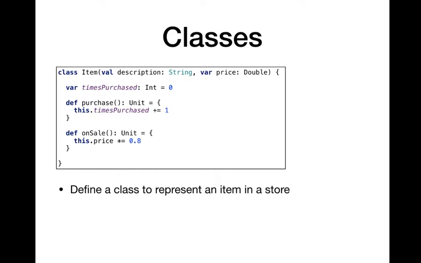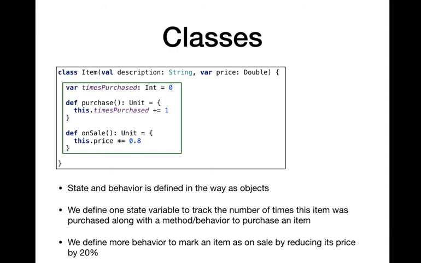The number of times this was purchased starts at 0, and then I'll increment each time it's purchased, and then a few methods to give it some behavior. I can either put this item on sale, or I can say, hey, somebody purchased one of these items, let's increment that for our stats so we can do our bookkeeping and our inventory at the end of the month or whenever we're going to do inventory next.